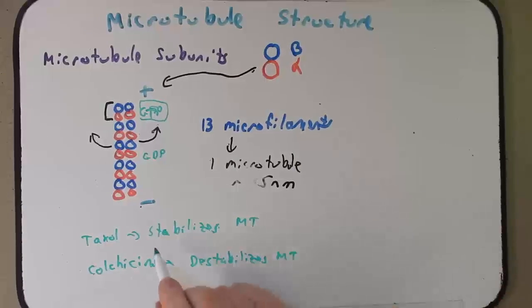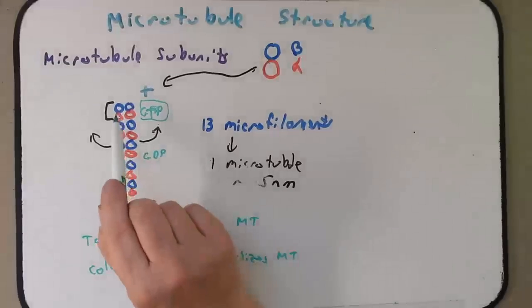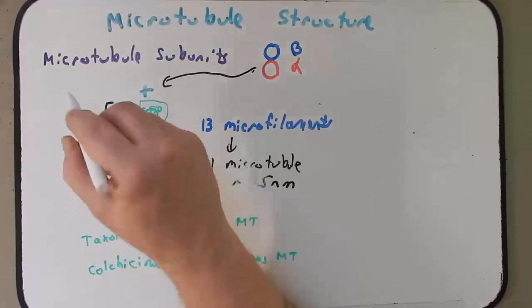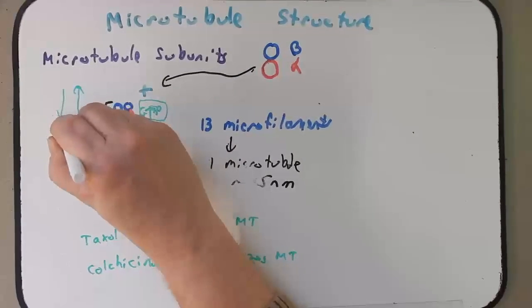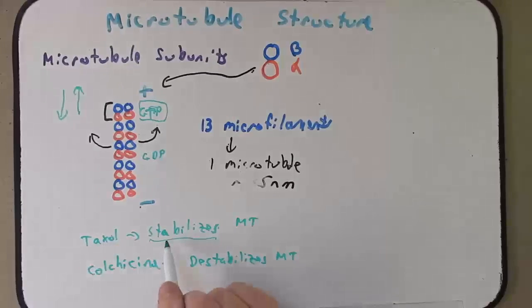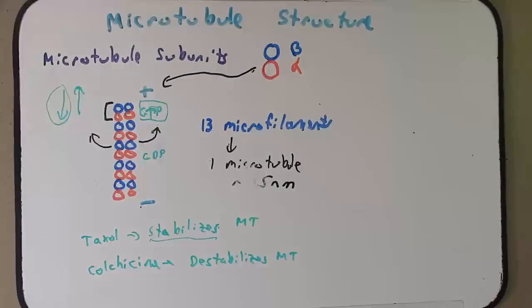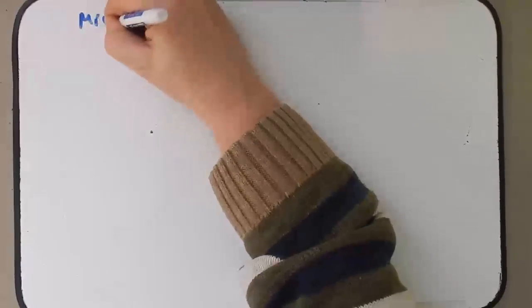Now, first thought, you might think stabilizing the microtubule isn't such a bad thing, but it's important to remember that for the microtubule to function properly and for the cell to survive, the microtubule needs the ability to grow and to shrink. And so Taxol prevents the shrinking part of the microtubule, whereas colchicine prevents the growing part of the microtubule.